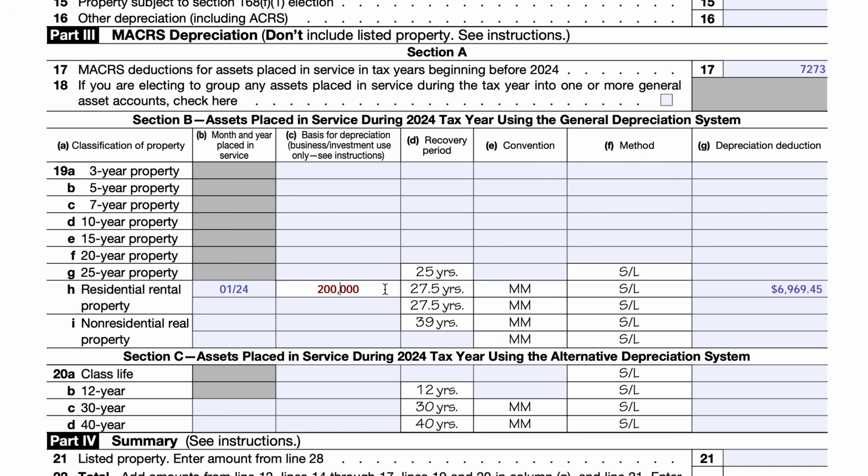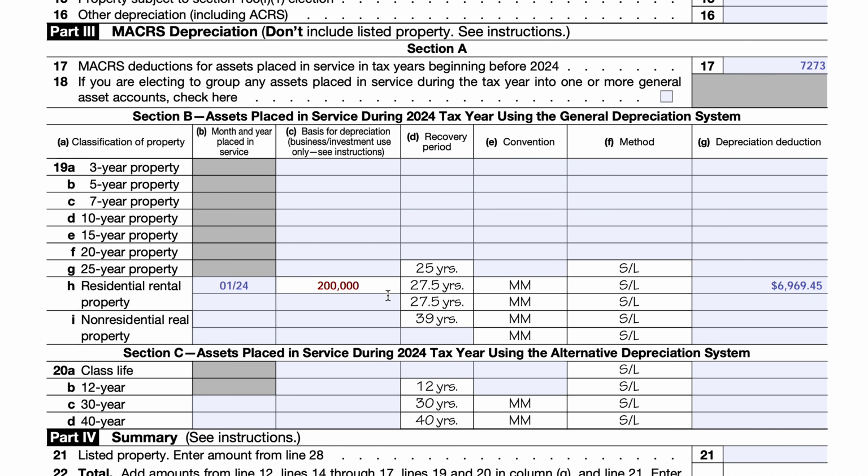Your basis, $200,000, divided by the recovery period. Again, we're talking residential rental property. Don't confuse that with non-residential real property, which would be like a commercial building instead of a rental house.